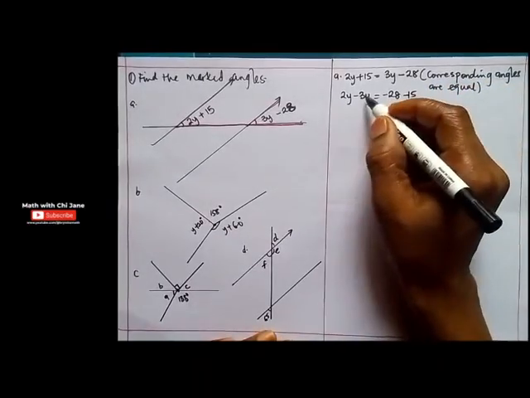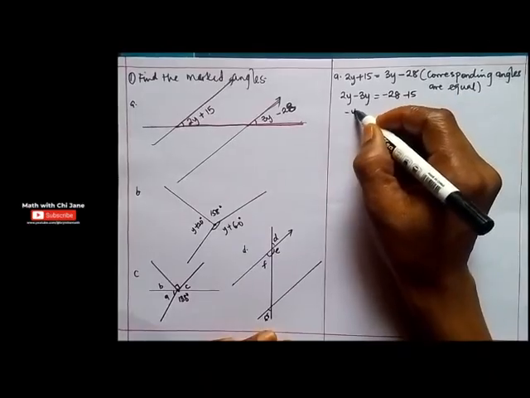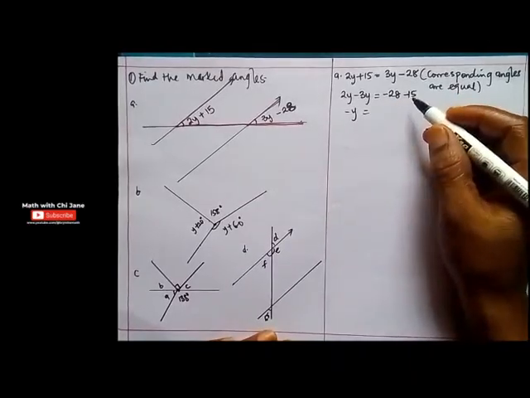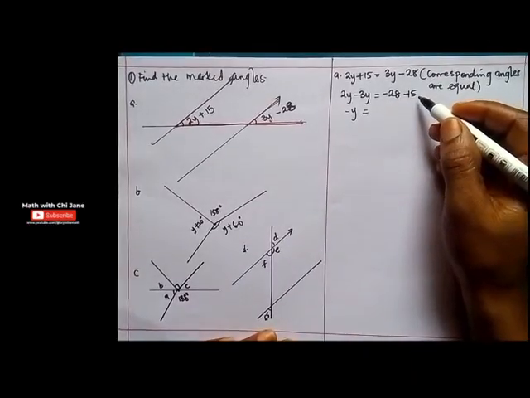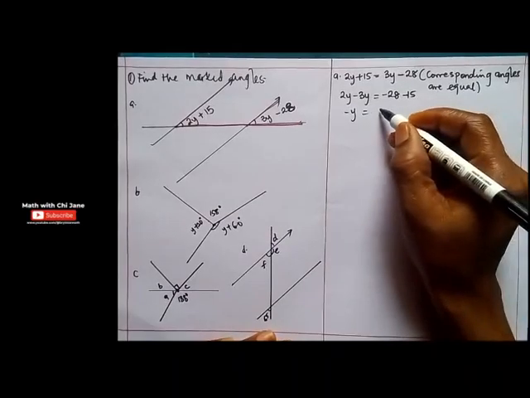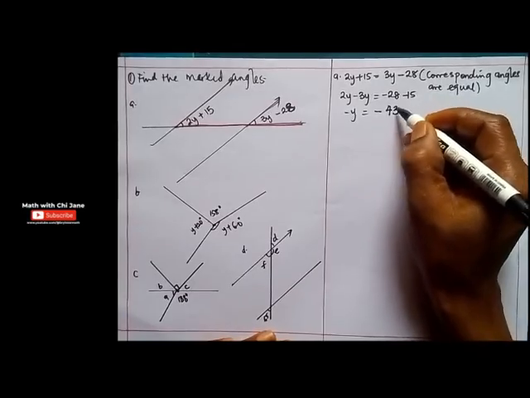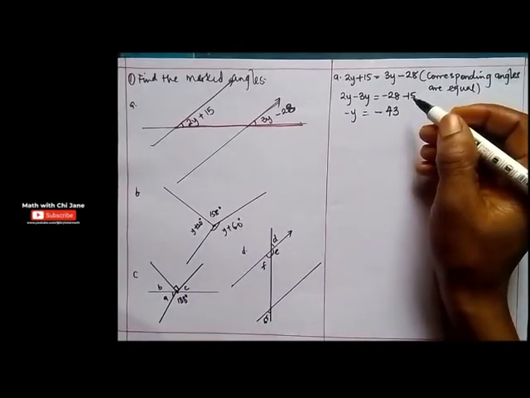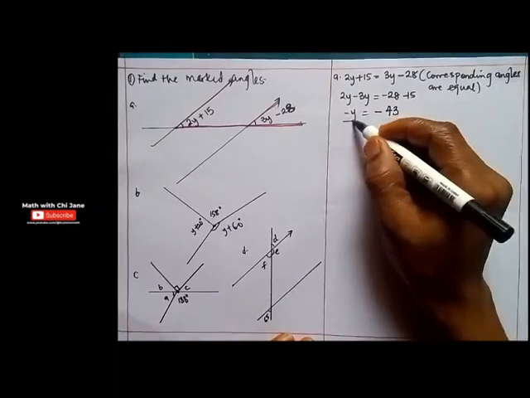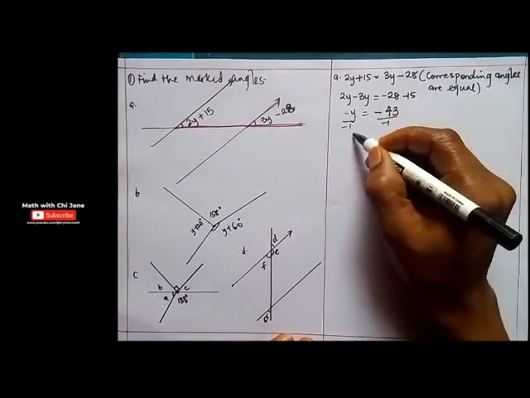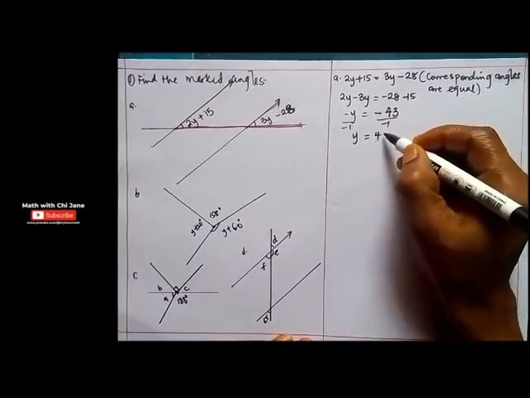So minus y is equal to minus 43. We divide both sides by minus 1, so that y is equal to 43.